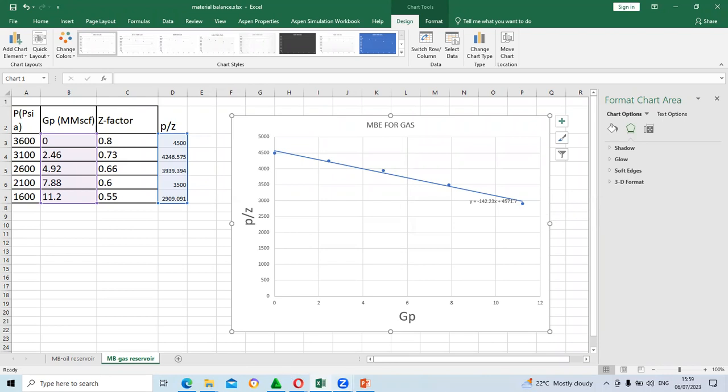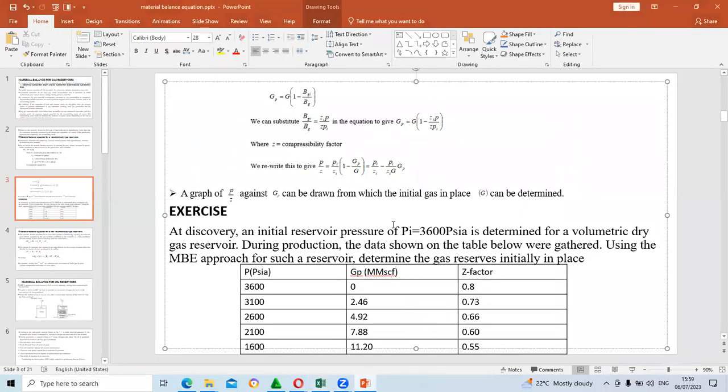So what we are going to do is instead use the gradient of that particular line to calculate the value of G. So if I go back to the PowerPoint, my gradient is Pi all over ZiG. Remember, we don't need to use a negative. Just the fact that the graph is slanting simply tells us that it has a negative gradient.